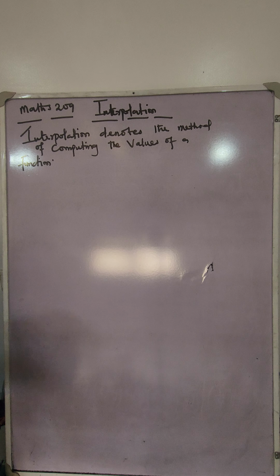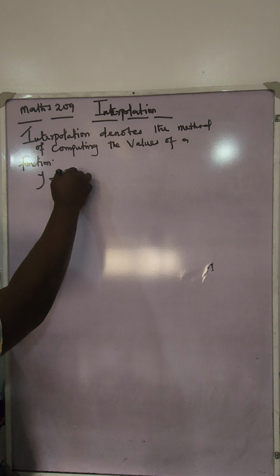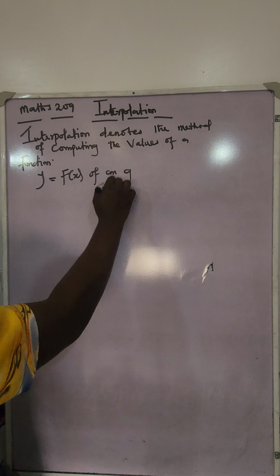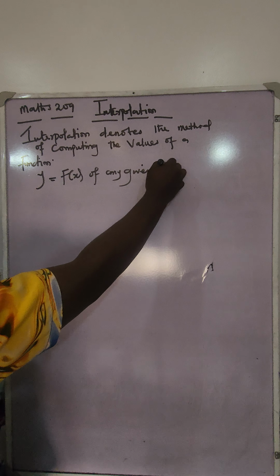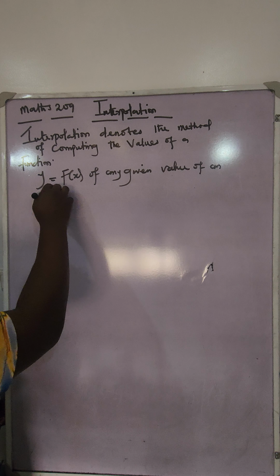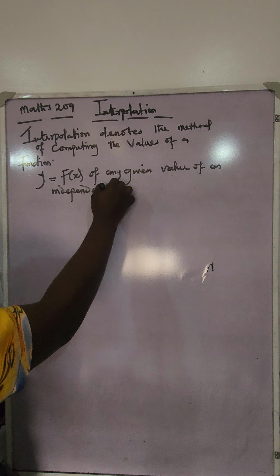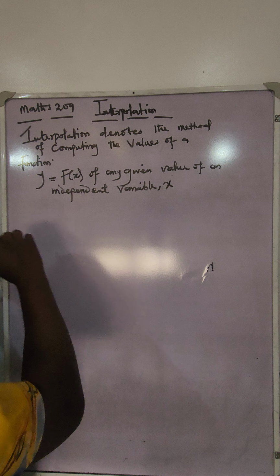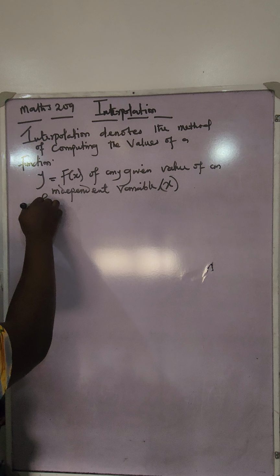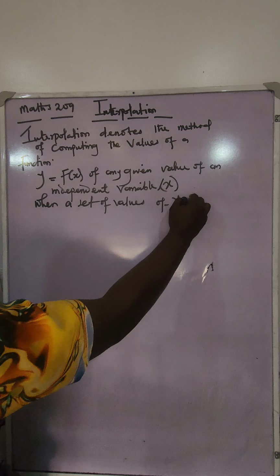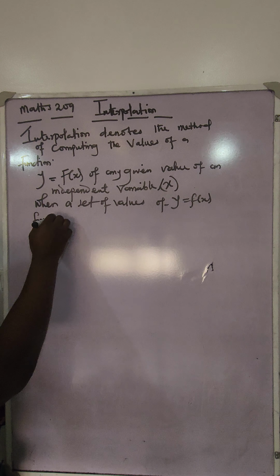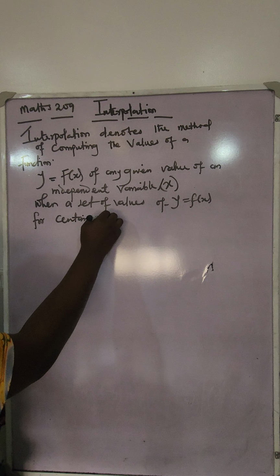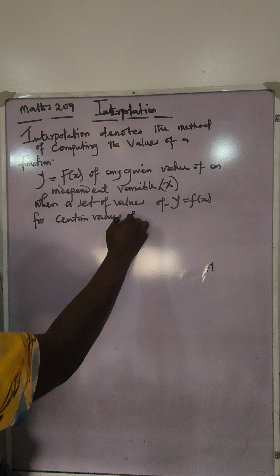And so we said if y is equal to f of x, of any given value of an independent variable, then when a set of values of y equals f of x for certain values of x are given.